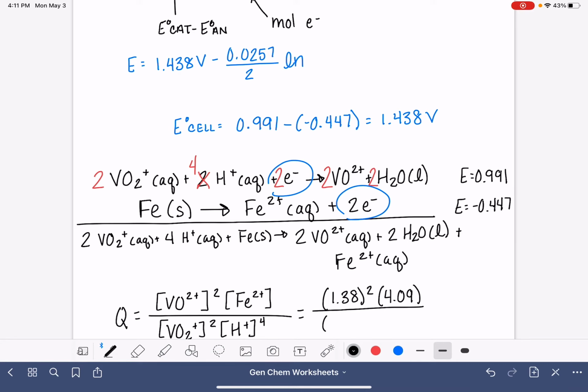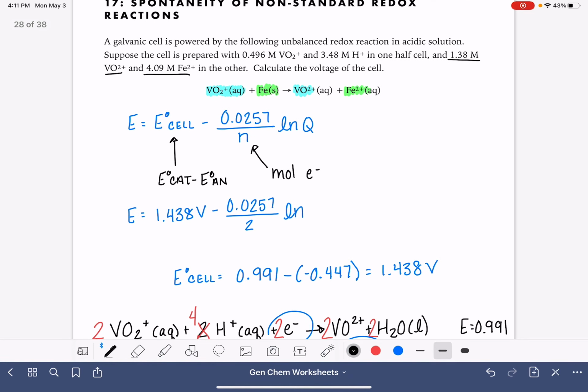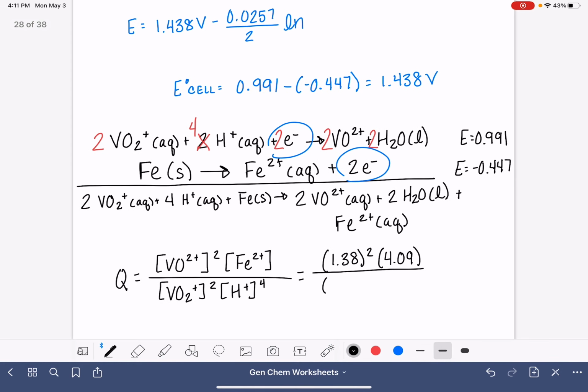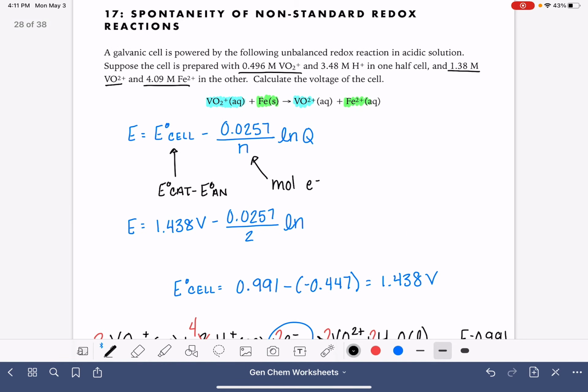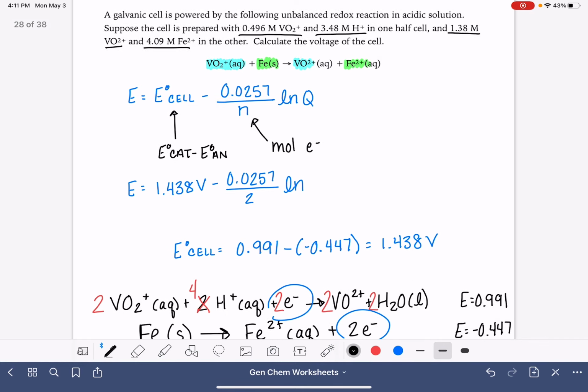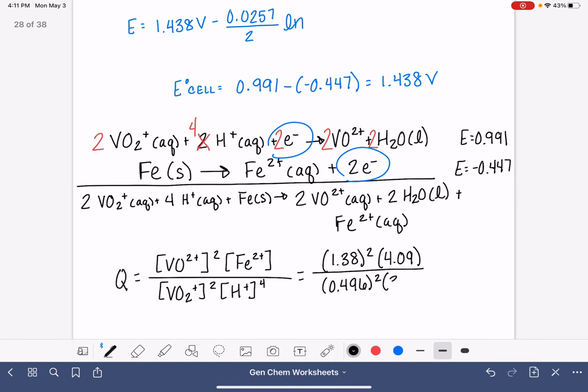VO2 plus is 0.496, and that needs to be squared. And then last but not least, H plus, 3.48. And that needs to be raised to the 4. So let's go ahead and do the math on this.